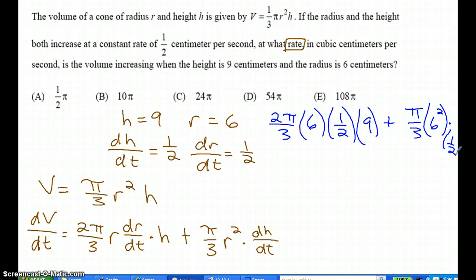Okay, so some things to notice here. 2 divided by 2 is 1. 6 divided by 3 is 2. So now 2 times 9 is 18, so that's 18 pi. 6 squared is 6 times 6, so this looks like this.